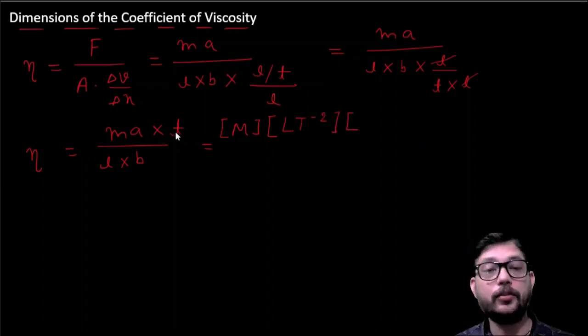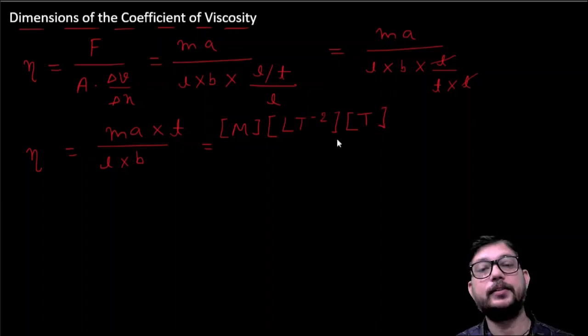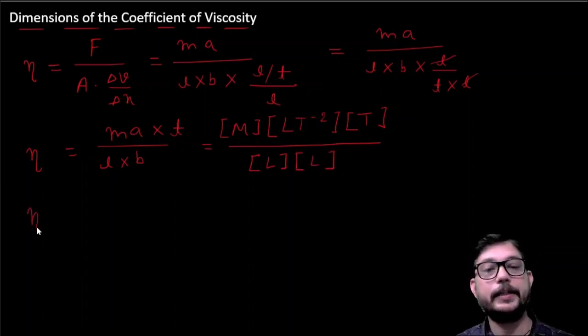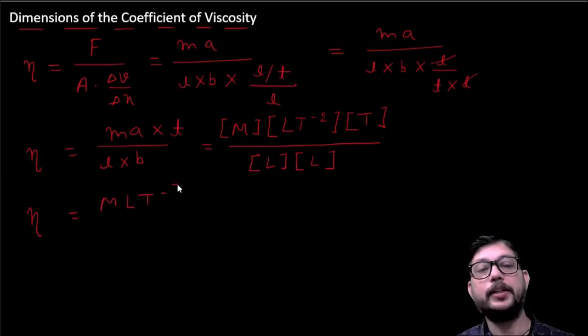The SI unit of time is capital T, divided by length, that is L, and width, that is also L. So it can be rearranged, and we can write M L T to the power minus 1.